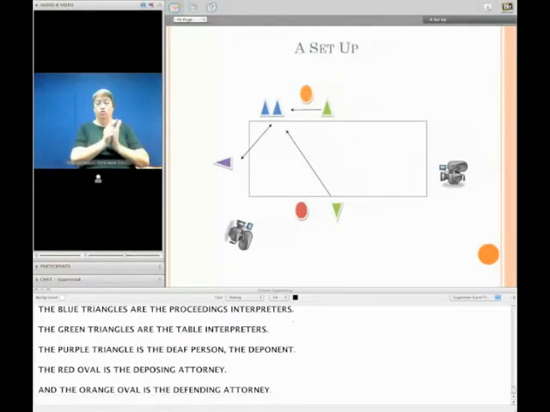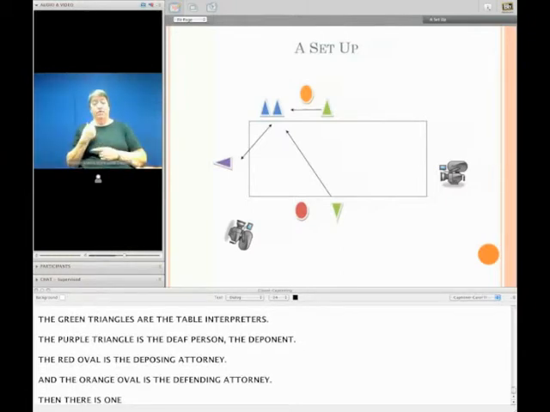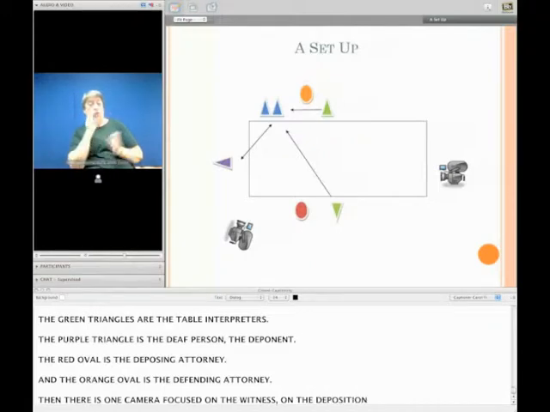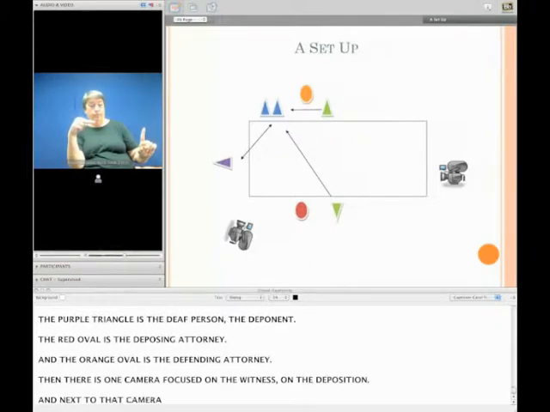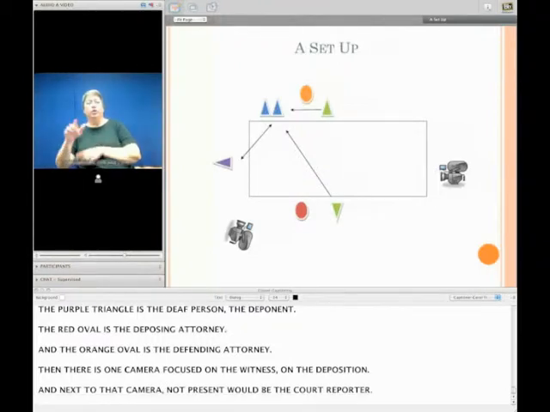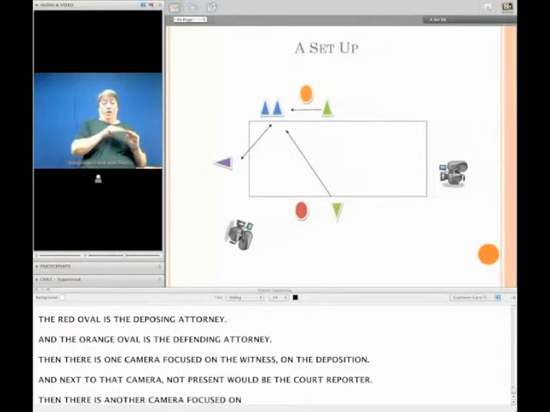Then there is one camera focused on the witness, on the deposition. And next to that camera, not present, would be the court reporter. Then there's another camera focused on the proceedings interpreters.